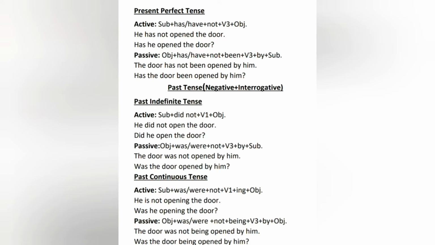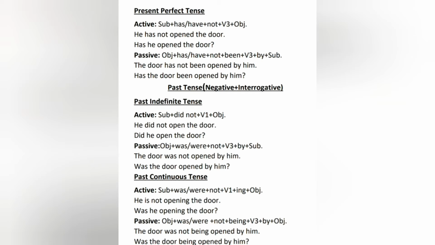When we make the passive form, we'll add a not between has, have and been: object, has, have, not, been, V3, by, and subject. For example, the door has not been opened by him, and the interrogative form is, has the door been opened by him?